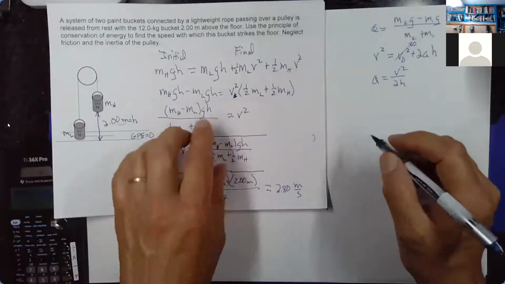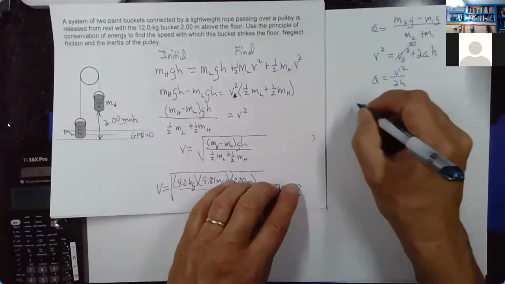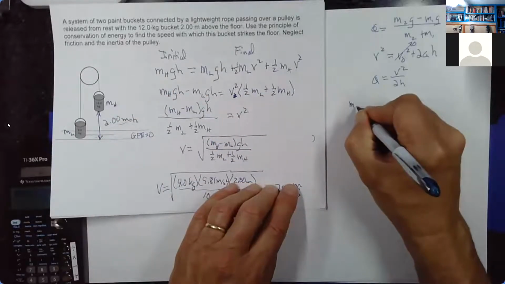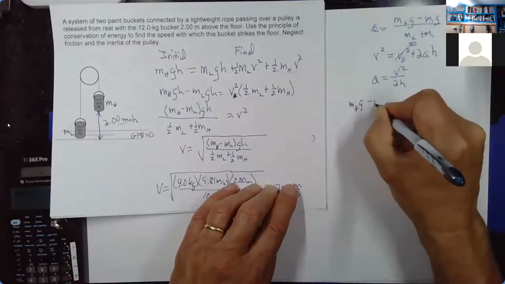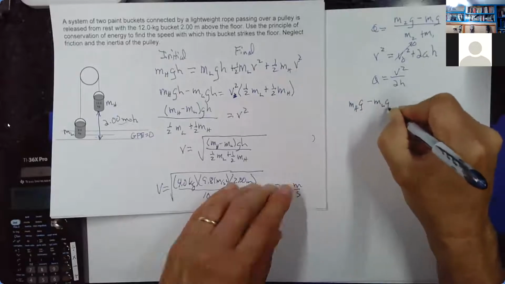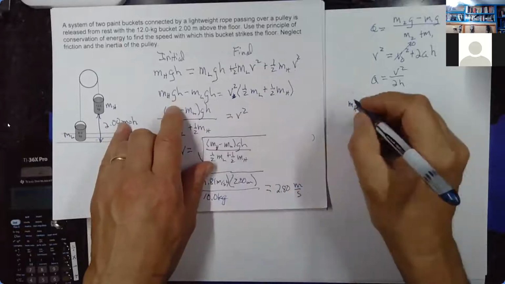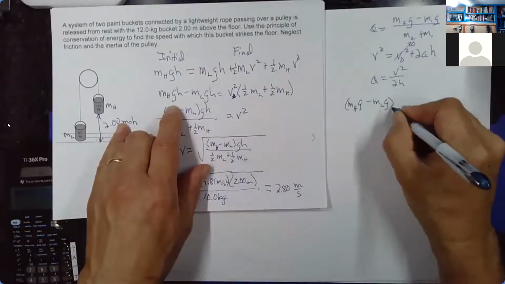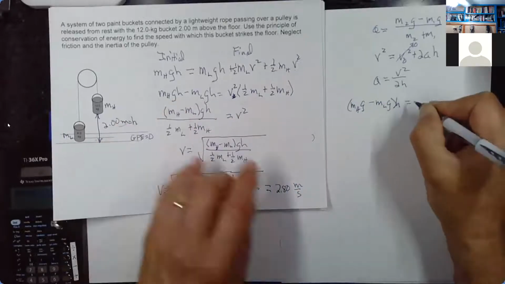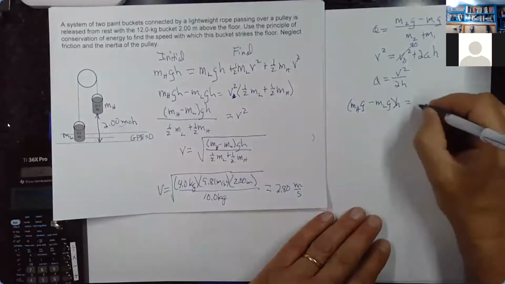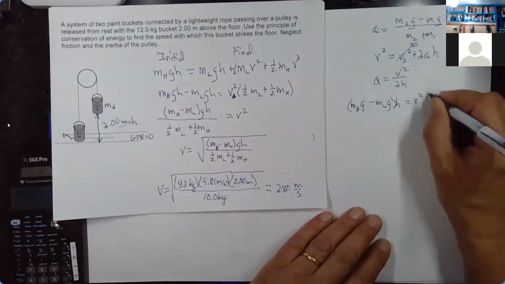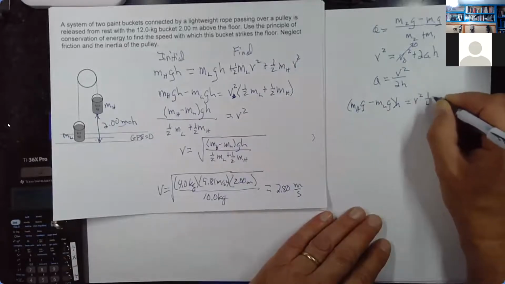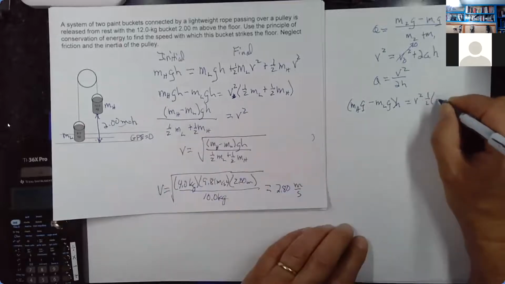Yeah, that'll work. Rearrange terms. I've got M sub H g minus M sub L g. In this equation, I'm factoring out the h. Times h is going to equal v squared times 1/2 times M sub L plus M sub H.